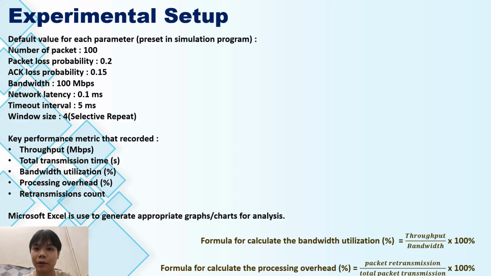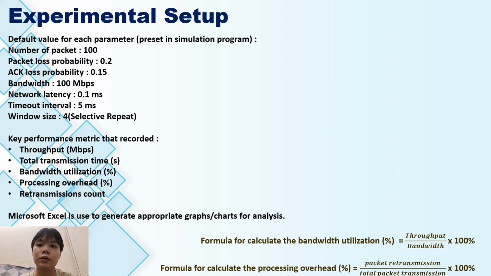Continue with the experimental setup. The default value for each parameter is preset in the simulation program, as shown below. The key performance metrics that we recorded are throughput, total transmission time, bandwidth utilization, processing overhead, and retransmission count.